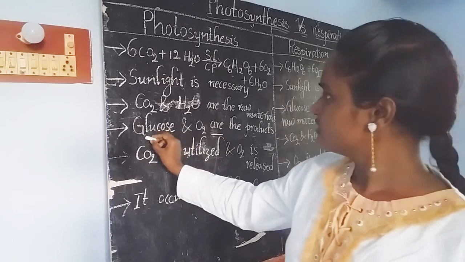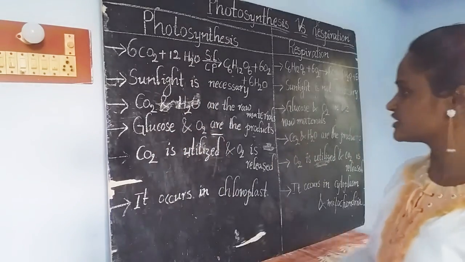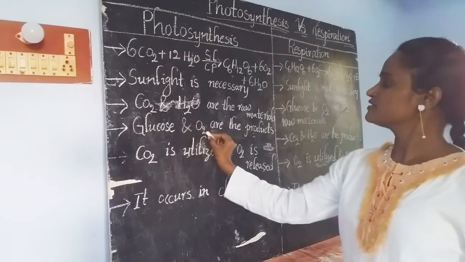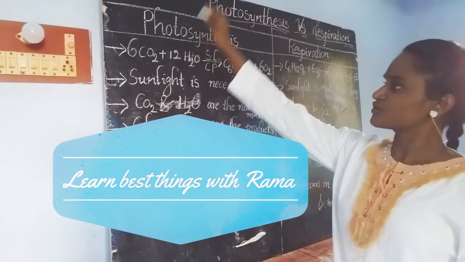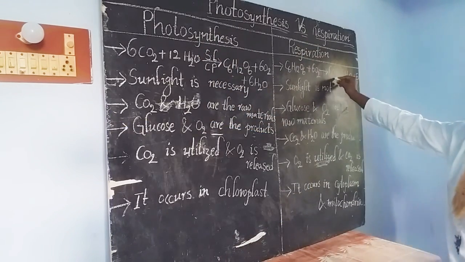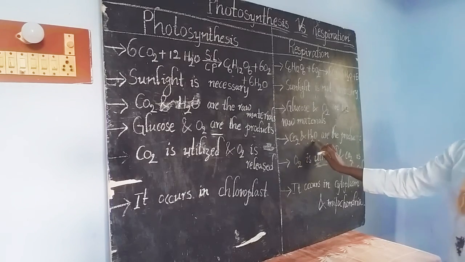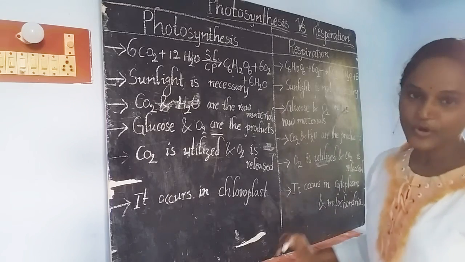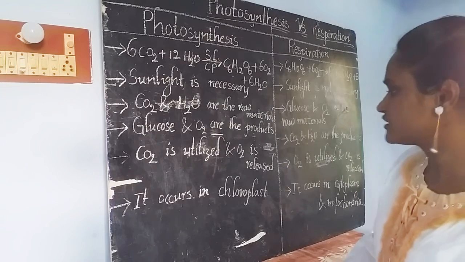If we talk about the products of photosynthesis, glucose and oxygen are the products. If we talk about respiration, what are the products? Carbon dioxide and water are the products.